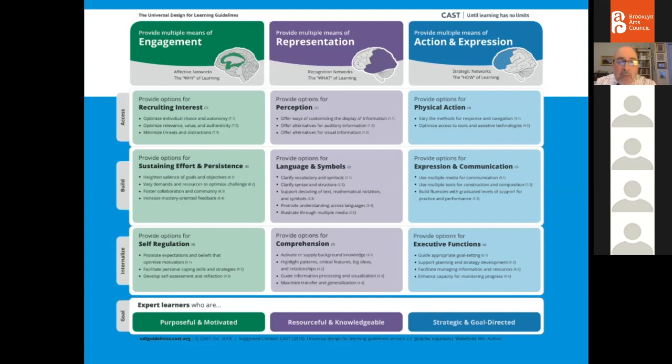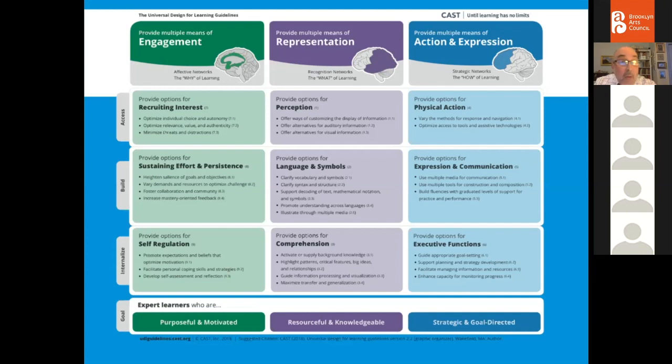And the three main guidelines for that: provide options for perception, provide options for language and symbols, and provide options for comprehension. And then the last column on the right, in blue, aquamarine: provide multiple means of action and expression, with three main guidelines below that: provide options for physical action, provide options for expression and communication, and provide options for executive function.